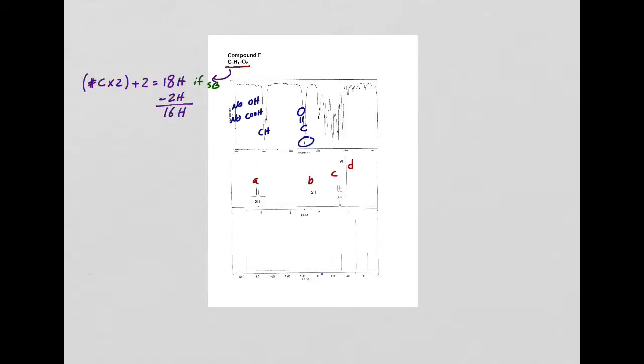Now, remember what you're looking at for proton NMR: chemical shift, integration, and the splitting. That's what you are looking at. Let's look at peak A. Peak A is about 4.1 ppm. We've been over this.